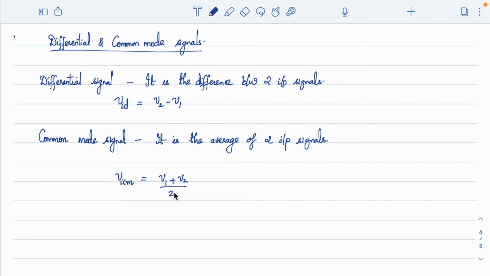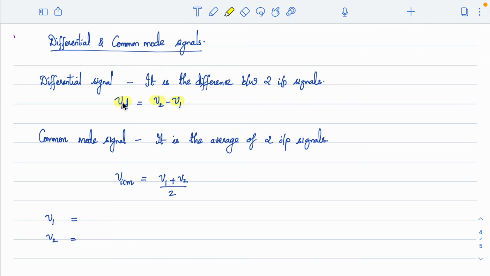So I can represent the differential signal and the common mode signal when there are two signals V2 and V1. Now if I want to write V1 and V2 in terms of Vicm and Vid, how can I write them? Can I get your response in the chat? I have two voltages V1 and V2.